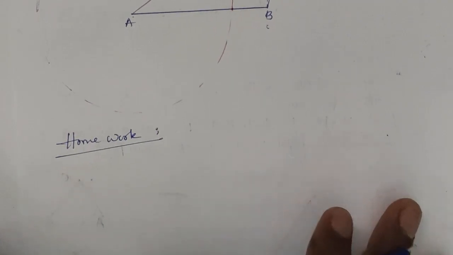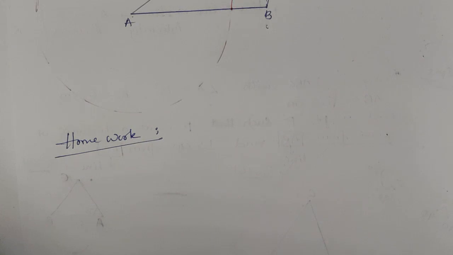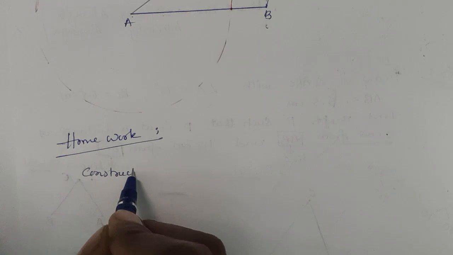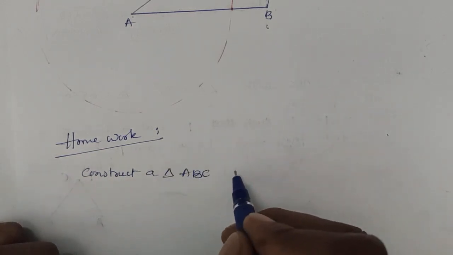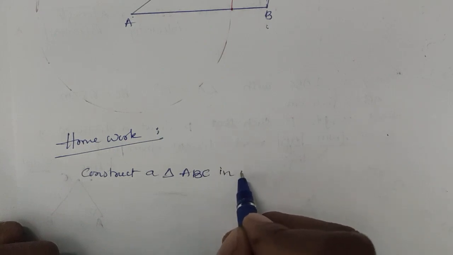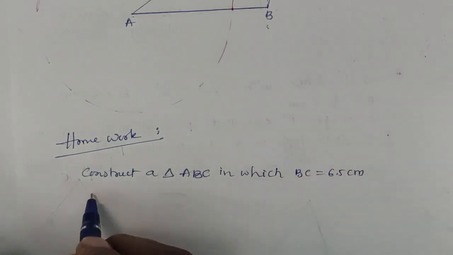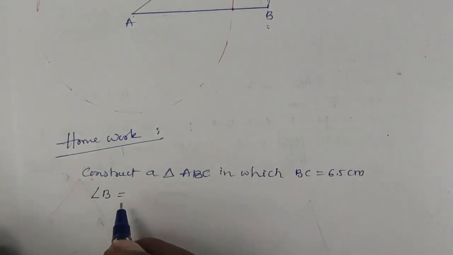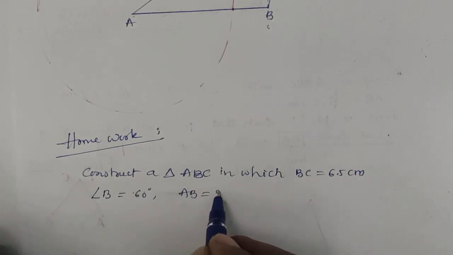Homework problems. Construct a triangle ABC in which BC equal to 6.5 centimeter, angle B equal to 60 degree, AB equal to 5 centimeter.